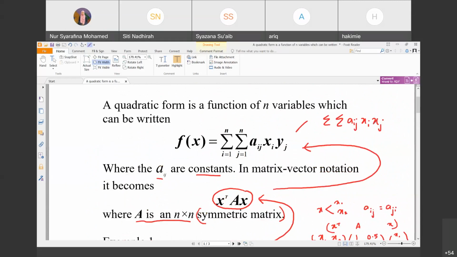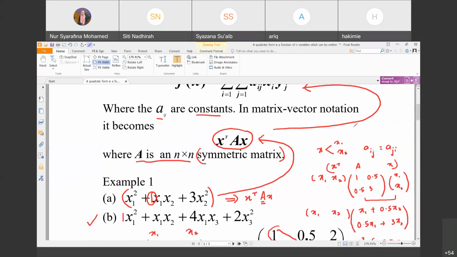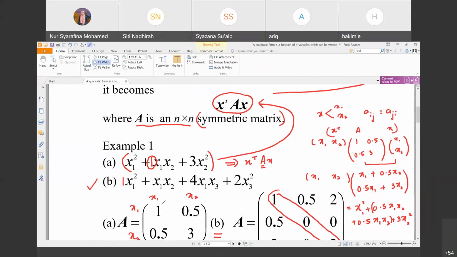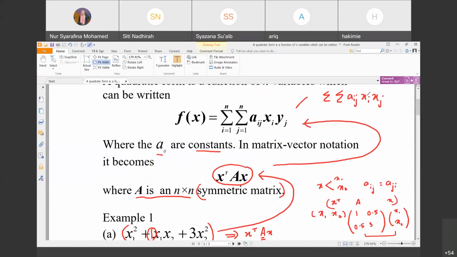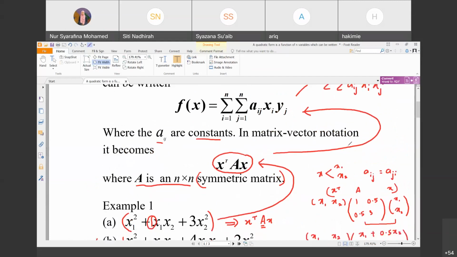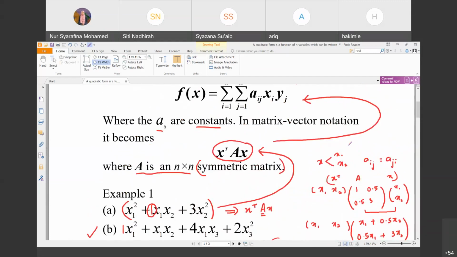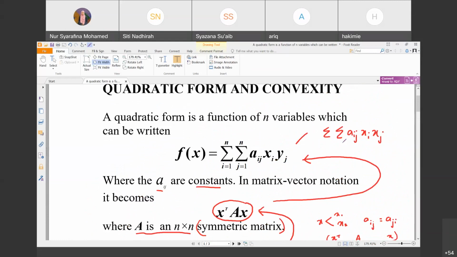So for this one, x1, x2, your A_ij here refers to what we call the value inside the matrix, the cell value, right? So this one is x1, this one is x2. All right, so this is how we notate the quadratic form in terms of function.